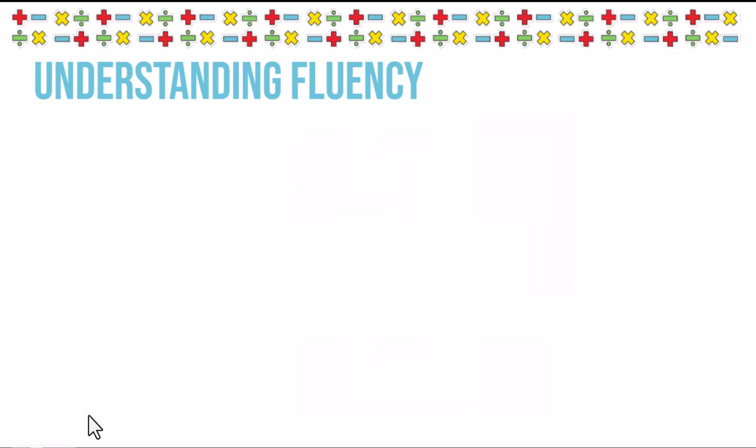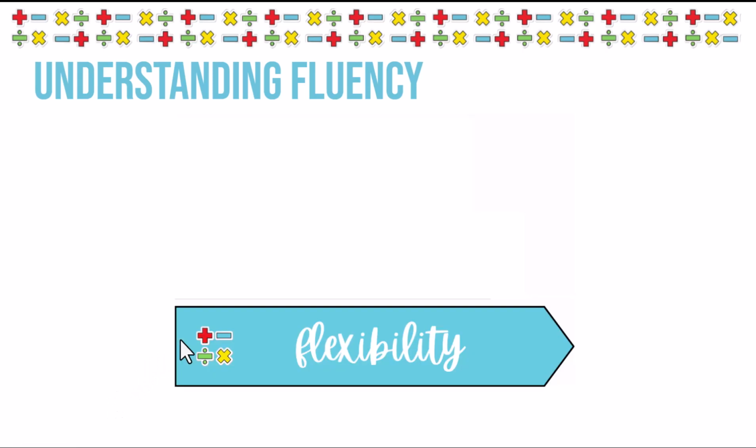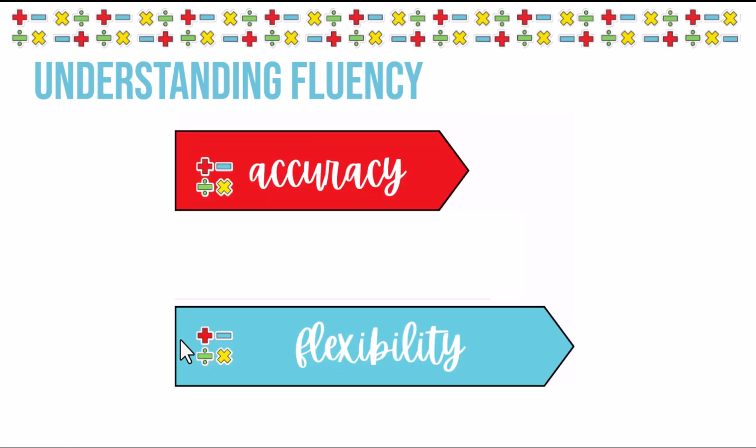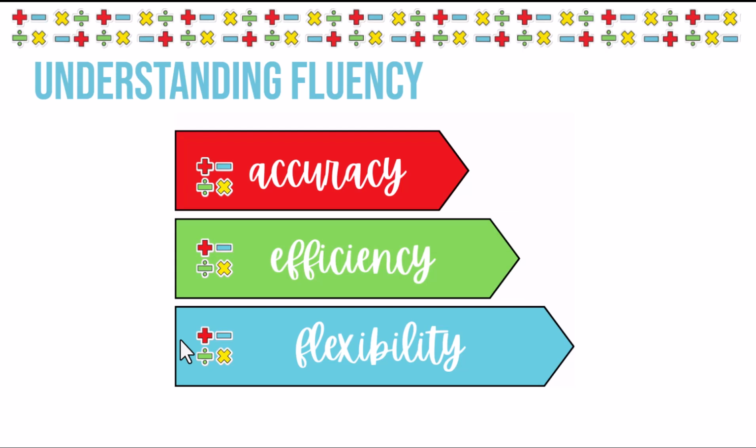Fluency is the skill in carrying out procedures with flexibility, with accuracy, and with efficiency. Thus, far from just being a measure of speed, fluency with facts involves flexibility and accuracy by using an appropriate strategy to find the answer efficiently.